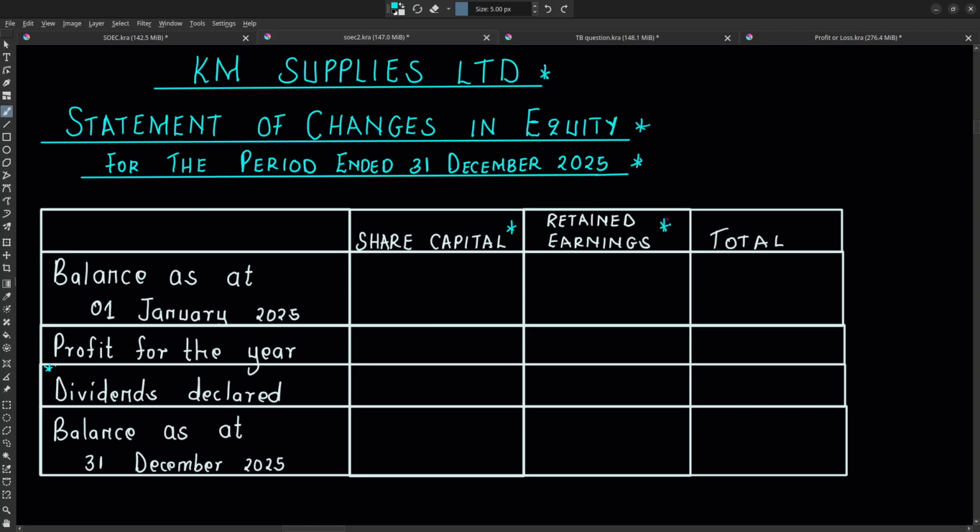So the first thing is to indicate the balances as at 1st January 2025, which are the balances at the beginning of the period. We are preparing the statement for the period ended 31st December 2025, so the beginning of our period is 1st of January 2025.